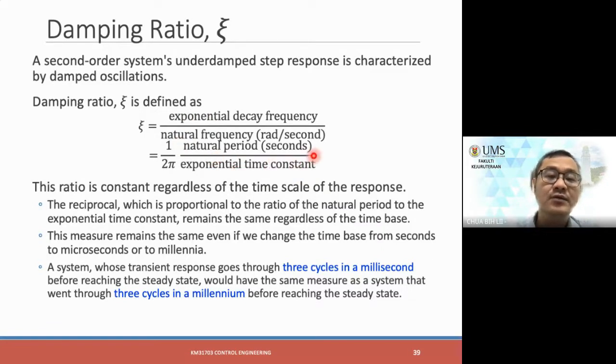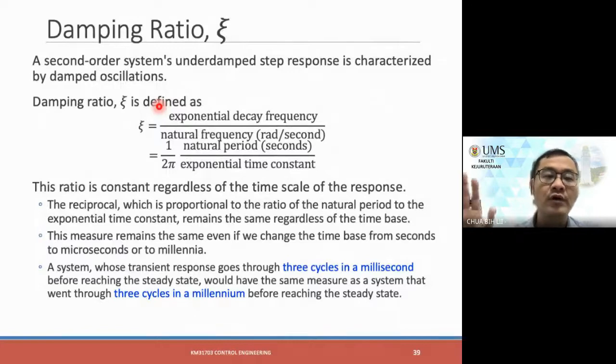When we are able to get the time constant later on, that would be a good parameter that we can insert into our equations in order for us to know what the damping ratio is. By comparing the damping ratio later on, we would easily know what kind of characteristics the system has.